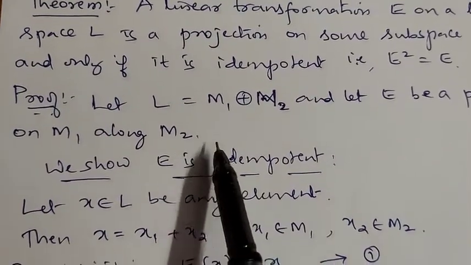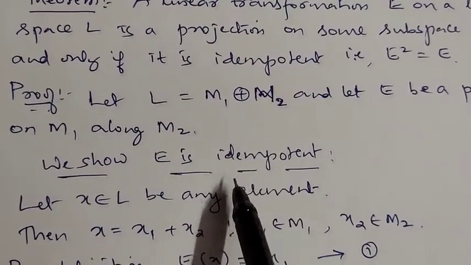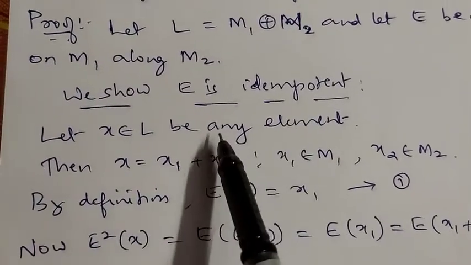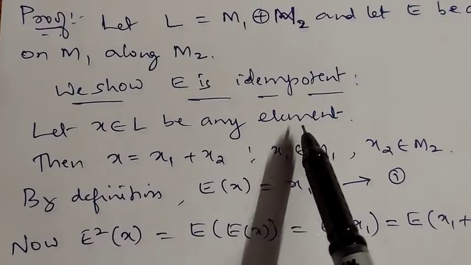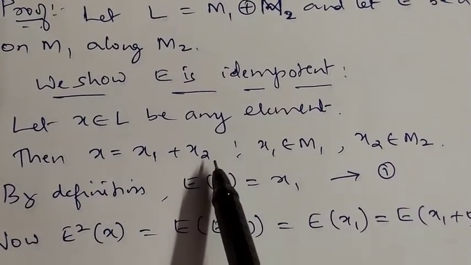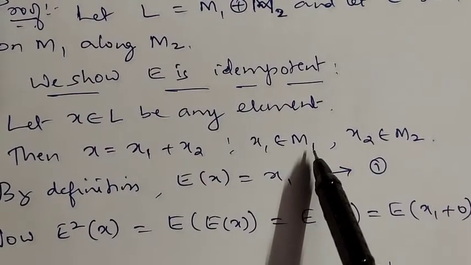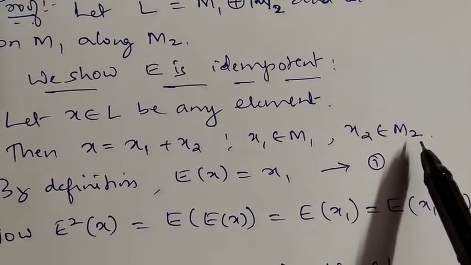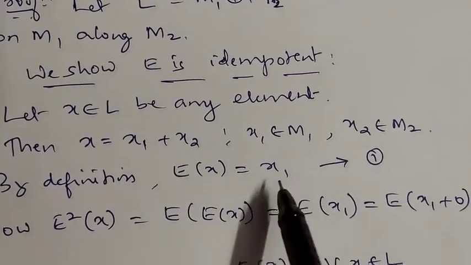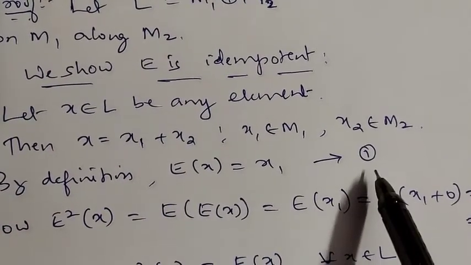So now we have assumed that E is a projection and we will show that E is an idempotent operator. For this, let x belong to L be any arbitrary element. Then x looks like x1 plus x2, where x1 is an element of M1 and x2 is an element of M2. By definition, E of x is equal to x1. Call this number 1.